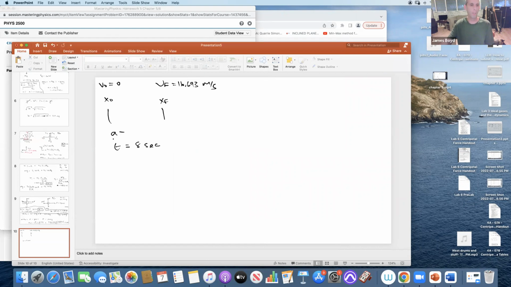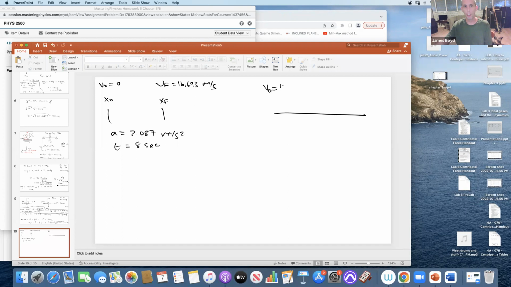And a was 2.087. And then in the second batch, he's going to have a new acceleration. And he's going to travel a new distance. So I'm actually going to figure out how far he goes in the new one.